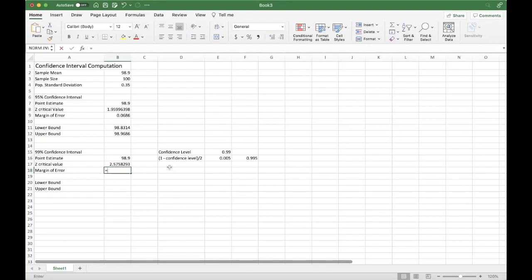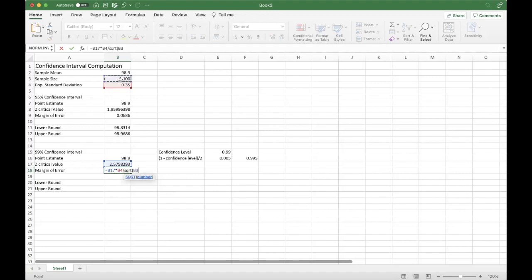And our margin of error, as before, is the point estimate. Oh, nope, it is not the point estimate. That's the lower bound. The margin of error is our Z critical value times the standard error, right, which was the population standard deviation divided by the square root of n.